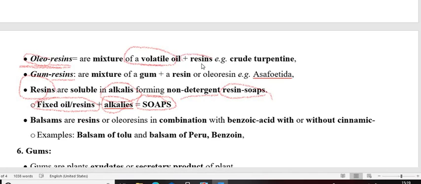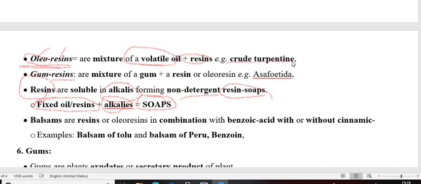Oleo means oil, so the name clearly indicates the definition of oleoresin. Oleoresin is a mixture of volatile oil and resin, and the best example is crude turpentine.